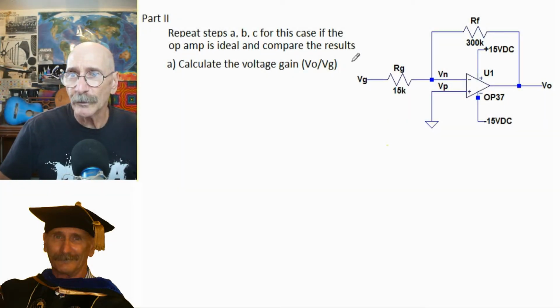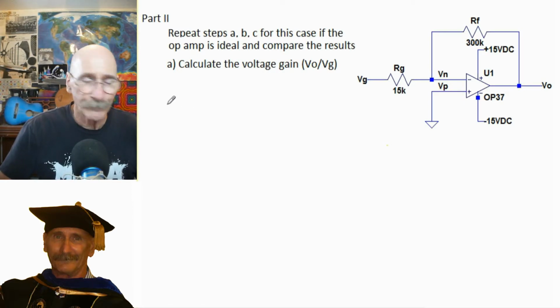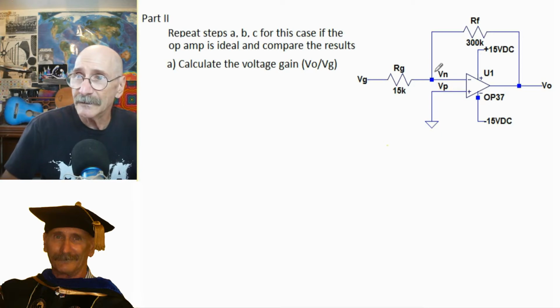Okay, for part 2, it's basically work out, repeat steps A, B, and C for this case if the operational amplifier is ideal, and then compare the results. So let's take a look at what happens here. We calculate the voltage gain, V out over VG. In order to do that, we're going to use a simple KCL, Kirchhoff current law.